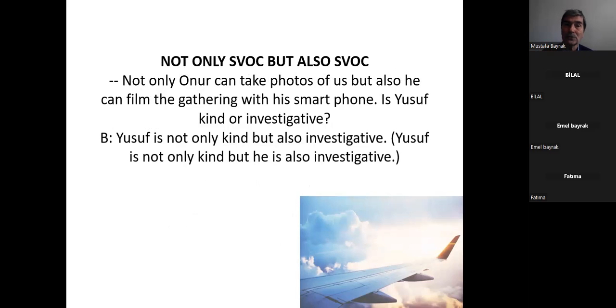Not only Onur can take photos of us now, but also he can film video, he can shoot the gathering with his smartphone now.